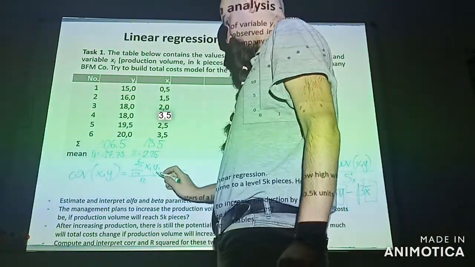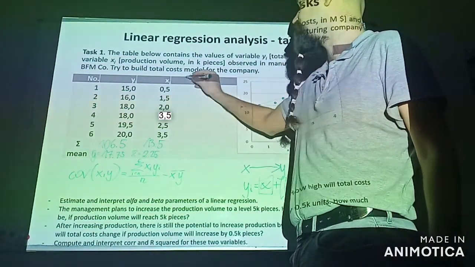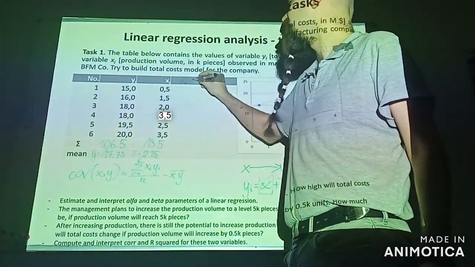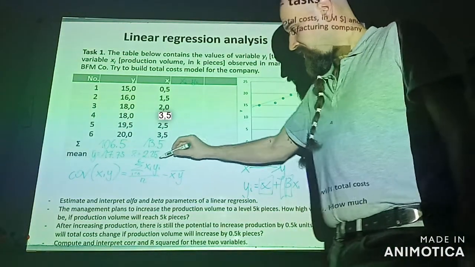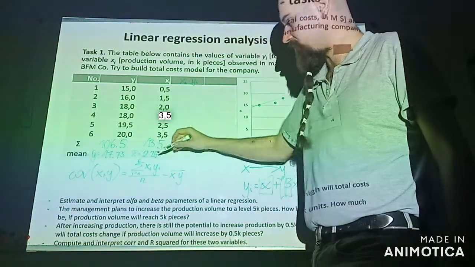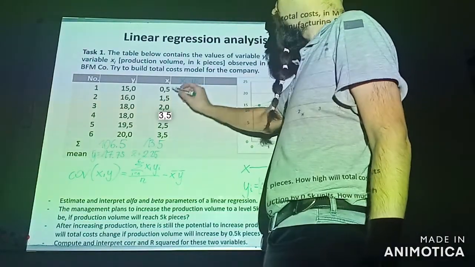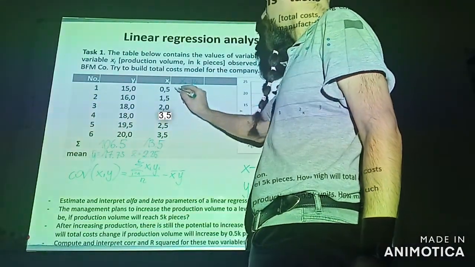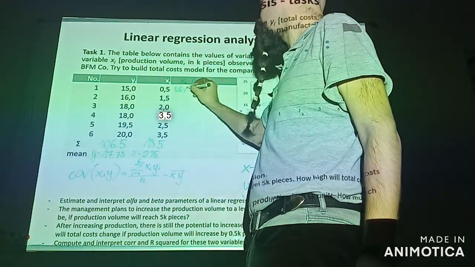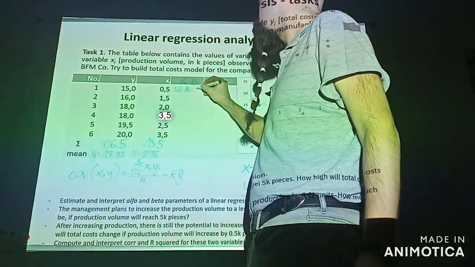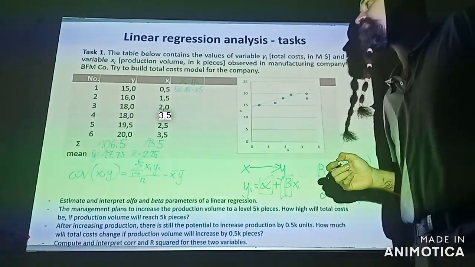As you expect, the first column that we will try to build is the product between xi and yi, because here we have mentioned before product. In the first row we have 0.5 multiplied by 15. It gives us 7.5.